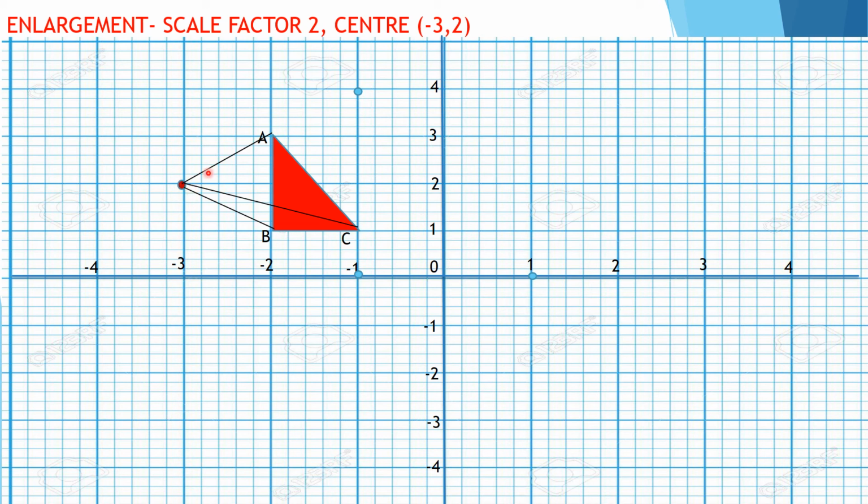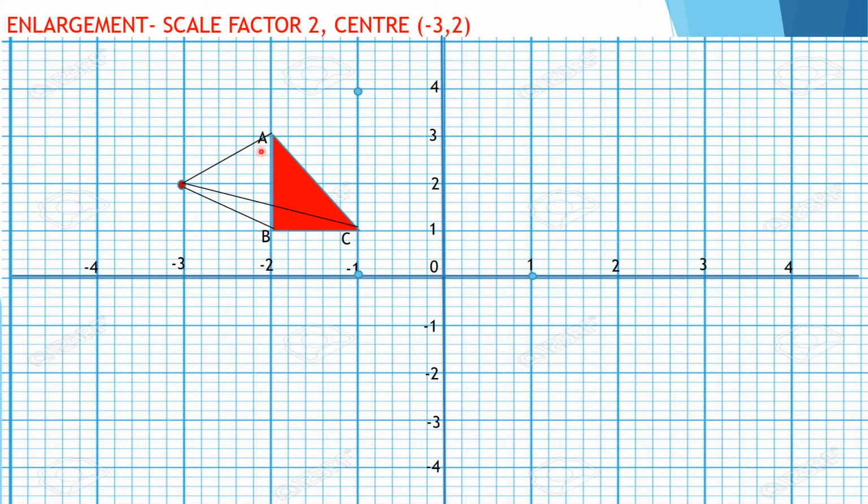Now this will help us to know how many squares there are from the center to the points of these objects. For A we have 1 square unit.